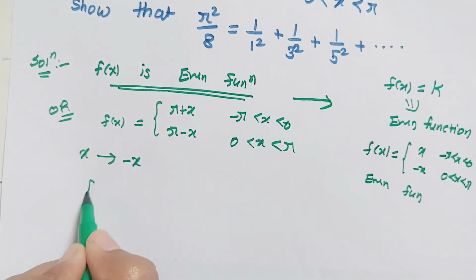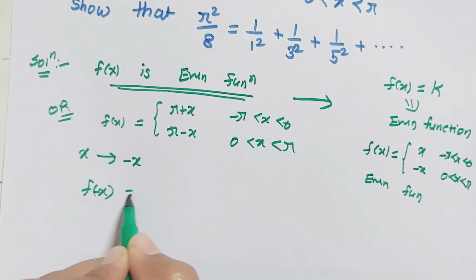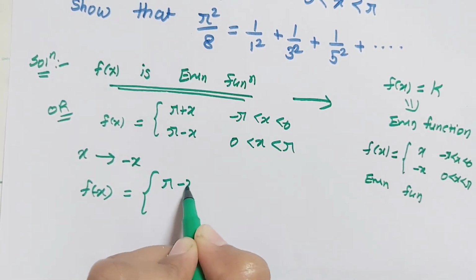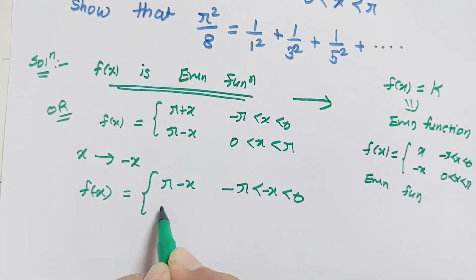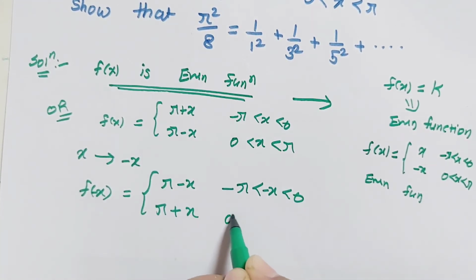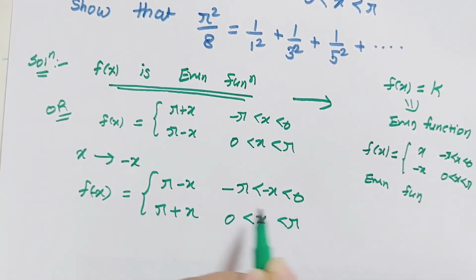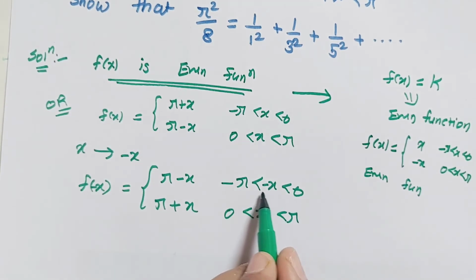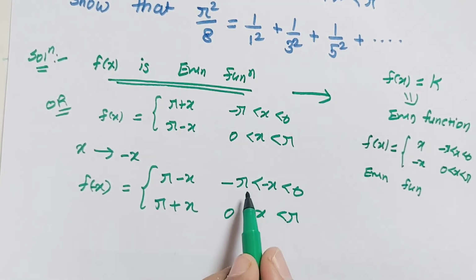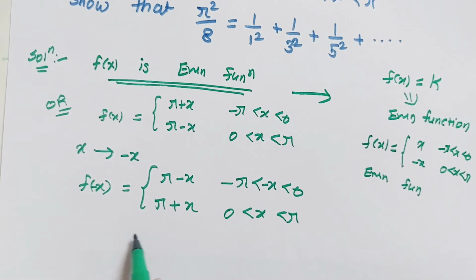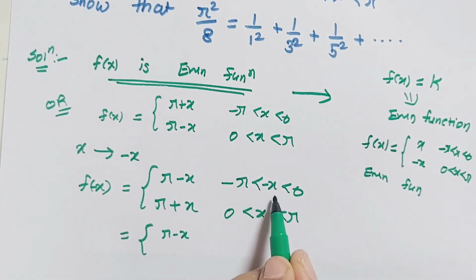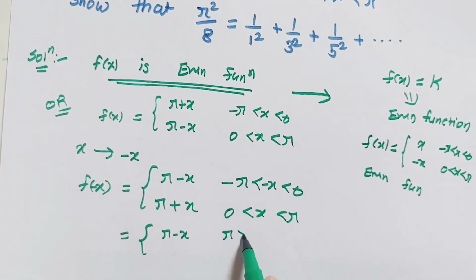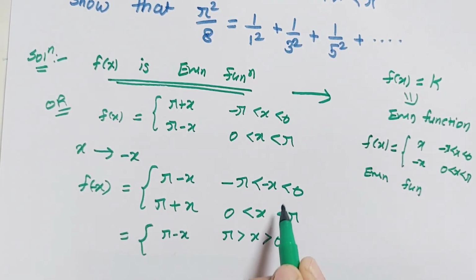Throughout the function, if we replace x by minus x, then it is pi minus x for minus pi less than minus x less than 0, pi plus x for 0 less than minus x less than pi. Throughout in this interval, if we multiply by minus sign, the inequality will change. That means here we get pi minus x, multiply by minus sign, so pi greater than x greater than 0.